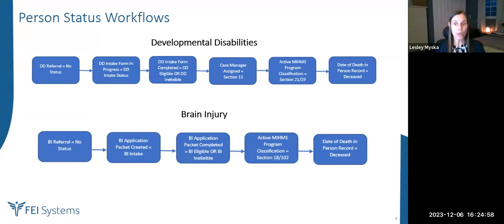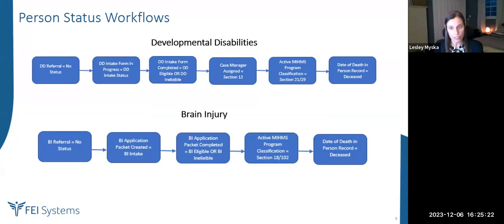Then either the BI waiver manager or the BI case coordinator will go into Evergreen at that time, if they're BI eligible, and create the person record. Then they will create a level of care form rather than a comprehensive assessment. The brain injury program uses the level of care form.